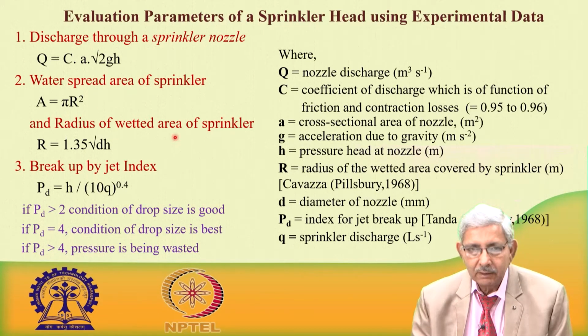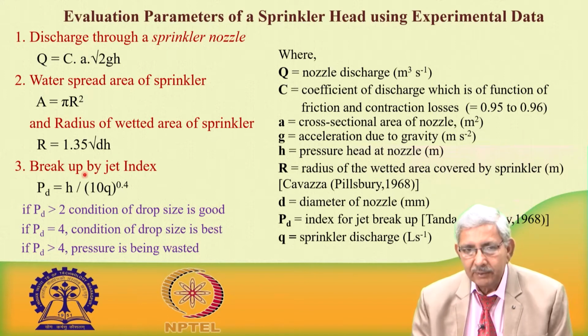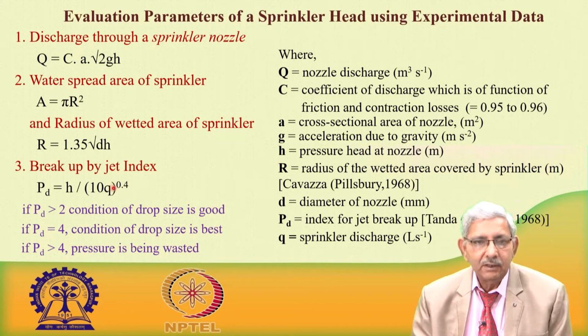They have got the empirical relationship, and that empirical relationship has been used, and d is the diameter of the sprinkler nozzle. Now, another parameter one can evaluate is the breakup jet index.